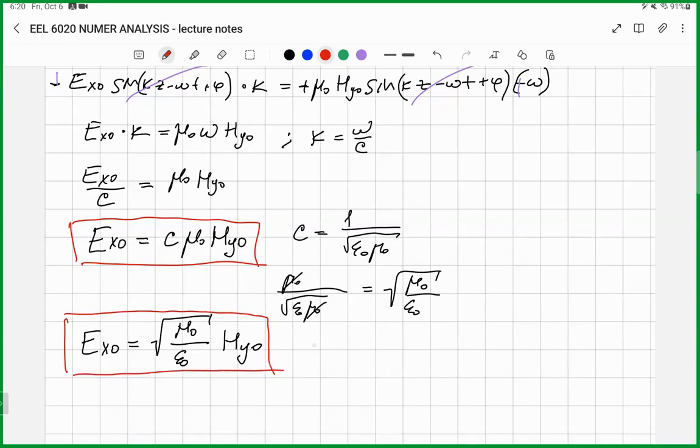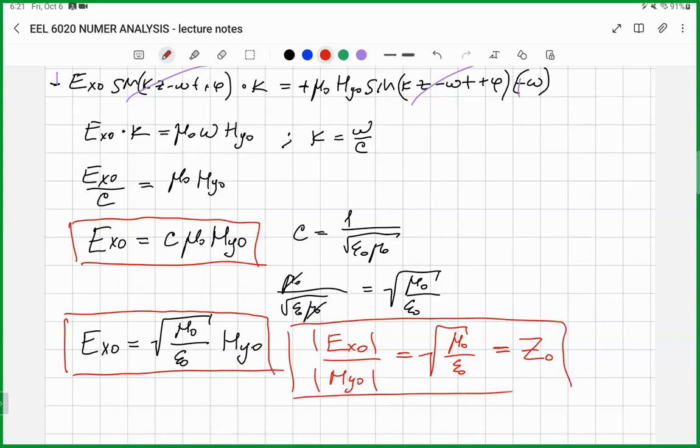So we notice that the ratio of the amplitude of the electric field and the amplitude of the magnetic field is equal to this constant, the square root of mu 0 over epsilon 0. And this quantity is known as the wave impedance, or free space wave impedance, denoted by Z sub 0.